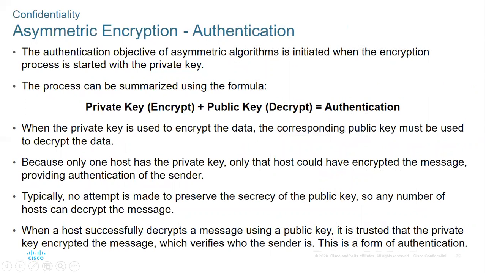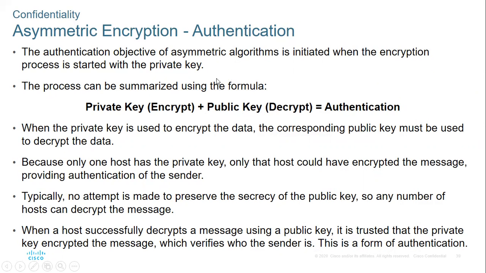Okay, now with asymmetric encryption, how do we achieve authentication? So in this case, when you want to send something to me, you are going to encrypt that information with your private key. Okay. Now, me, when I do receive that information, already you gave me your public key.